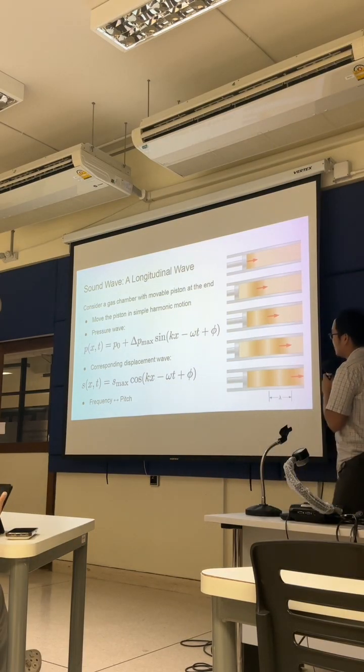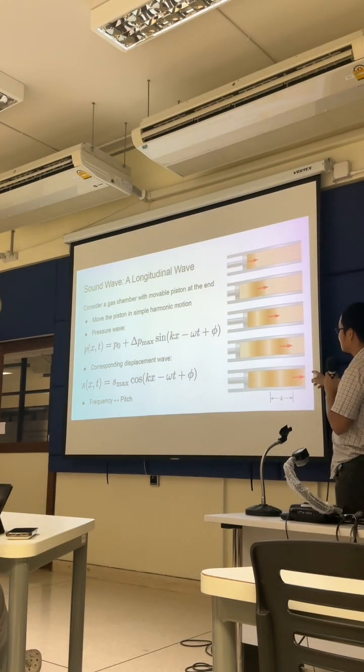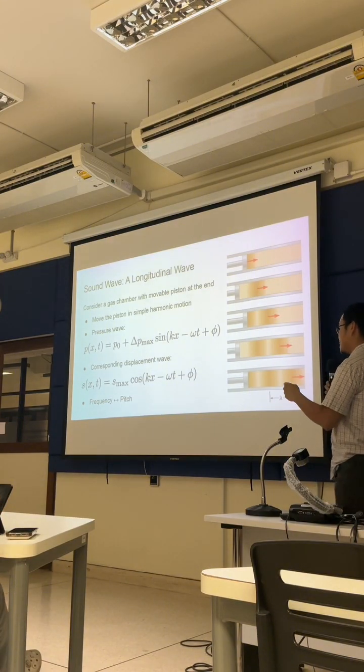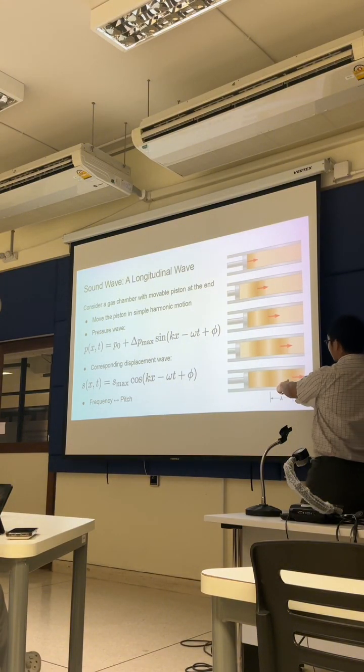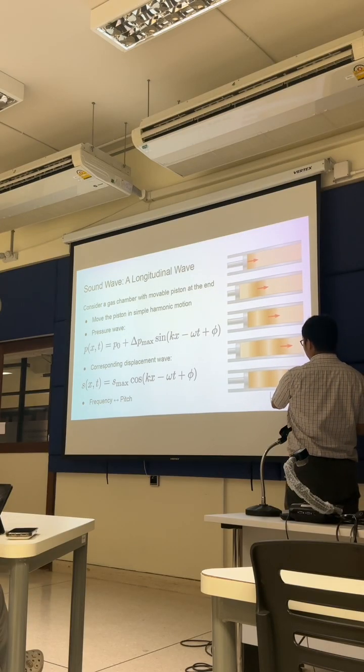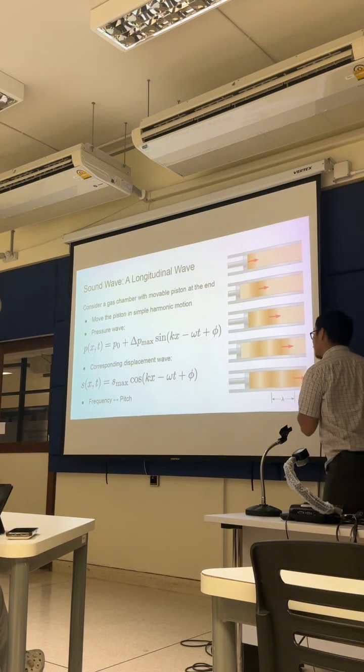Now this, as promised, is a very simple example of a sound wave, because the sound wave is basically the change of air pressure that comes in a wave pattern, like so.